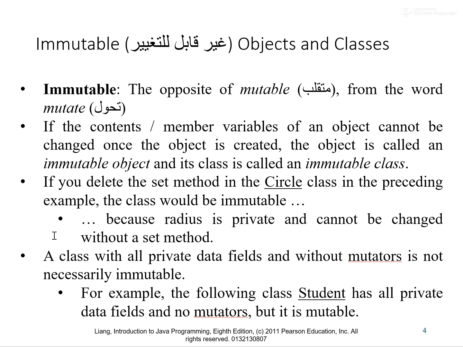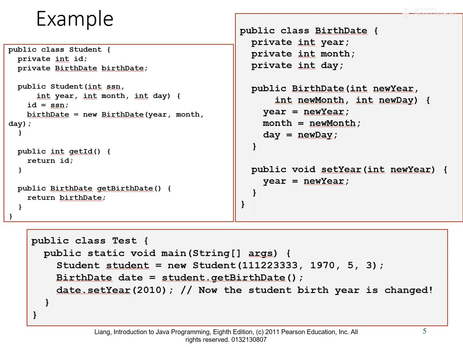There is, however, an interesting example in the slides. This one. I want you to take a look at this and see how, in this example, we have a class student. It has two private data members, an ID and a birth date. And on top of that, we don't have any set accessor methods.